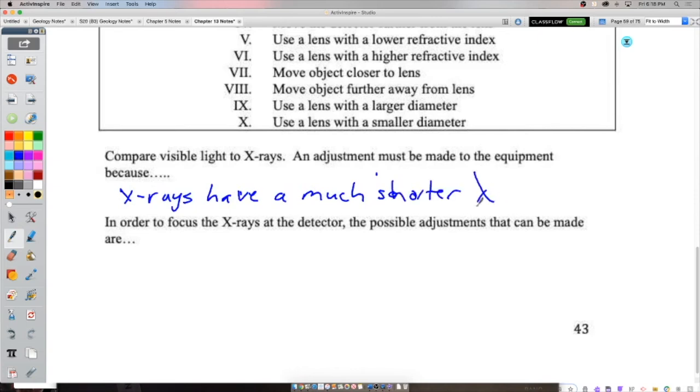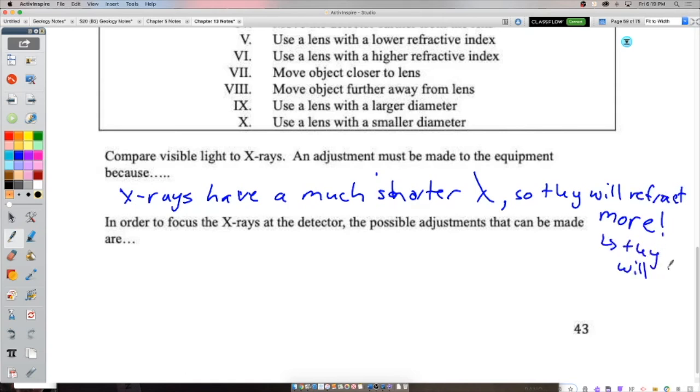Okay. Now, what do we know about shorter wavelengths when it comes to refraction? Think about blue light and red light, right? Which one gets refracted more? Blue light. So in this case, X-rays are like the blue light, visible light is like the red light. So X-rays will refract more. Okay, they will bend more.